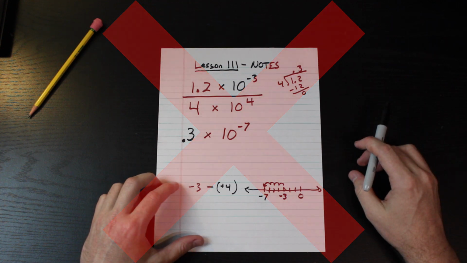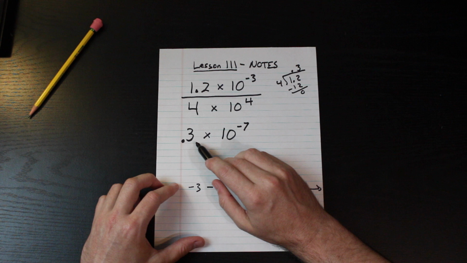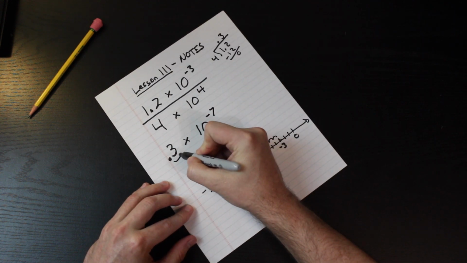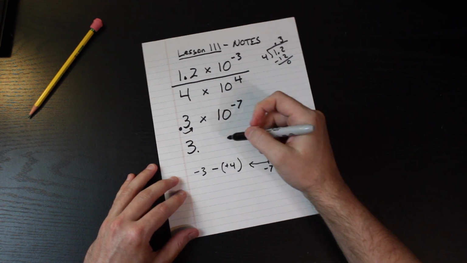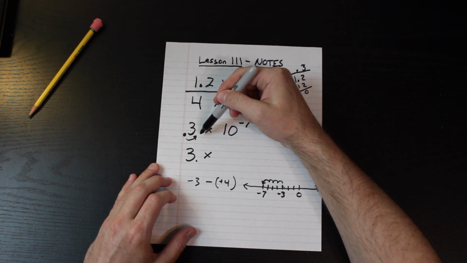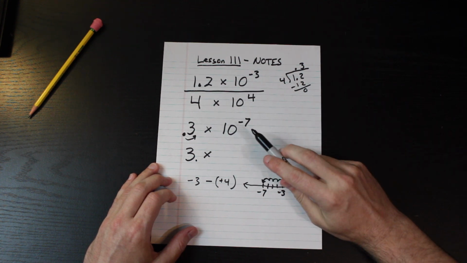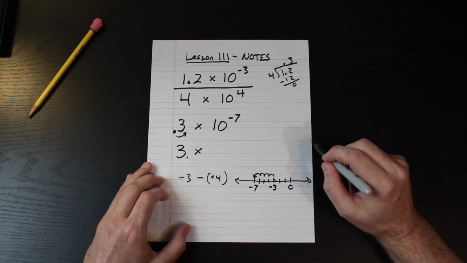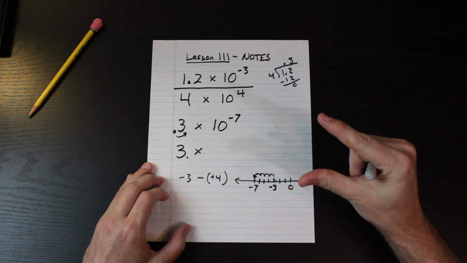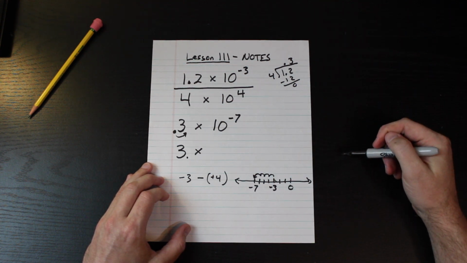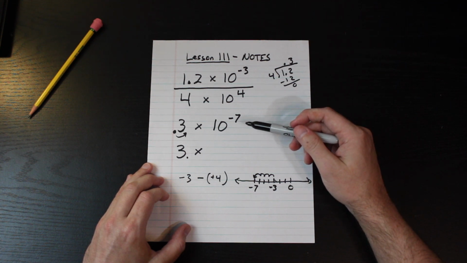No, we're not. We must move the decimal to the right so that there is a non-zero whole number in front of it. That gives us 3 on the left side. And since we moved the decimal to the right on the left side, we now must move the decimal to the left on the right side. Moving the decimal to the left means that the numbers on the right side would be getting smaller. So should our negative exponent go up or down if that side is getting smaller?